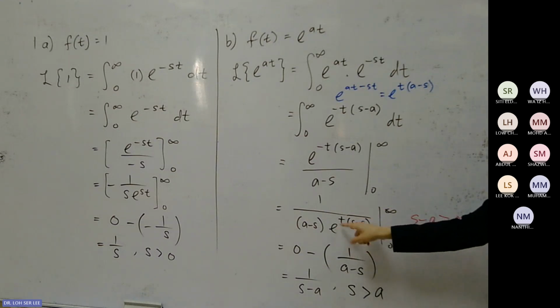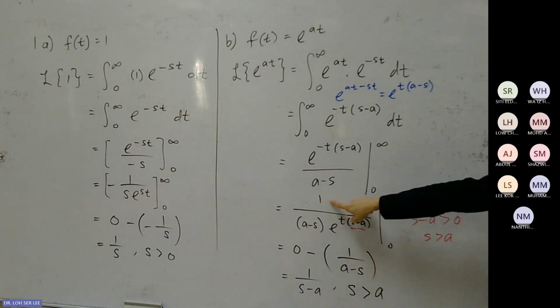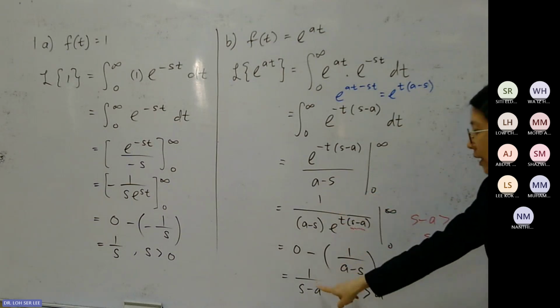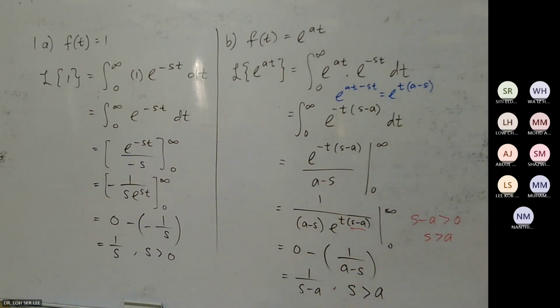That's why your exponential can stay here. Otherwise, if this s minus a is negative, your e will be here, and when your e is here, e infinity is infinity. You will get infinity here. So now you see why we need the negative here.